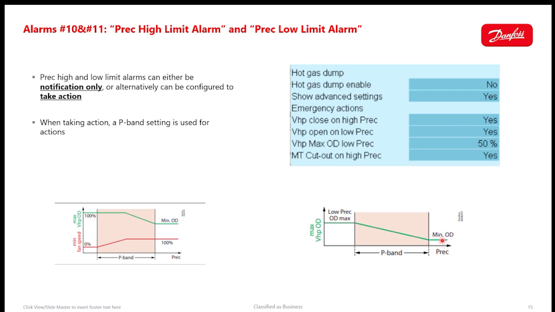And so at 480, we won't do anything just yet with the minimum opening degree of our high pressure valve, but then linearly as we're moving towards 440, we're going to drive that high pressure valve open more and more towards its max limit. And so it's linearly scaled as we're dropping more and more below the P-rec min limit to try to open the high pressure valve up and move that pressure more towards this P-rec min limit, and then eventually our normal set point around 500 or 520.